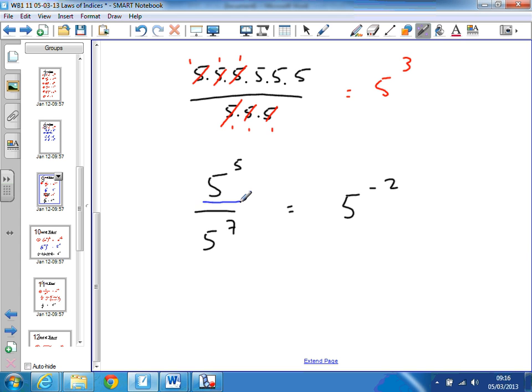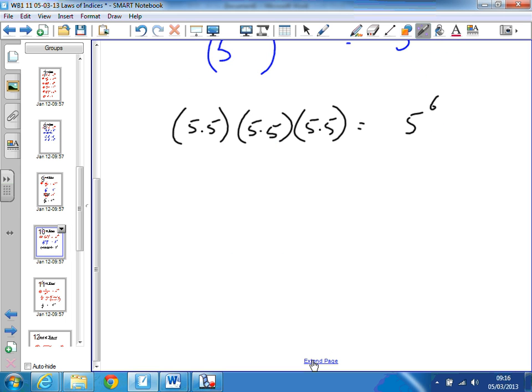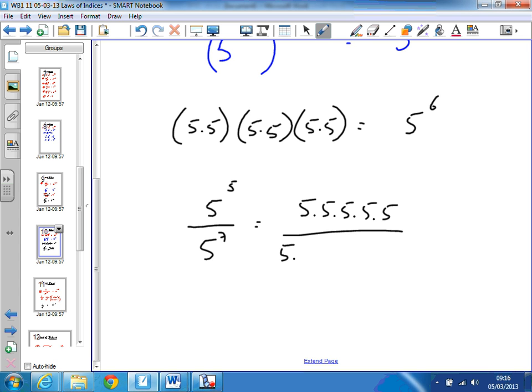So if we look at this example again, 5 to the 5 divided by 5 to the 7, if I separate it all out, all over 7 5s: 3, 4, 5, 6, 7 5s.